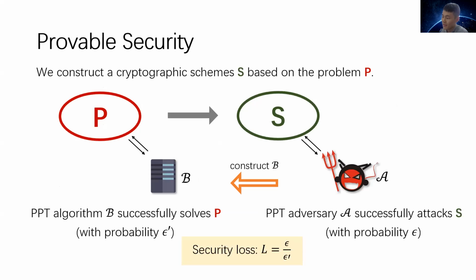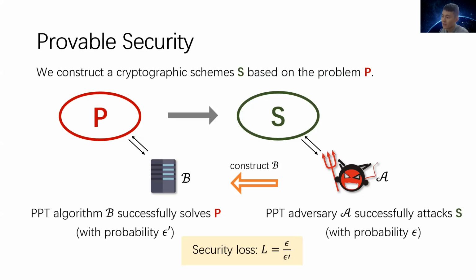First, we need to define tight security of Chameleon hash functions. Usually, in provable security, we construct a cryptographic scheme S based on some hard problem P. Once there exists an adversary A that successfully attacks S with probability epsilon, we can construct another algorithm B that uses its ability to solve the problem P with successful probability epsilon prime.